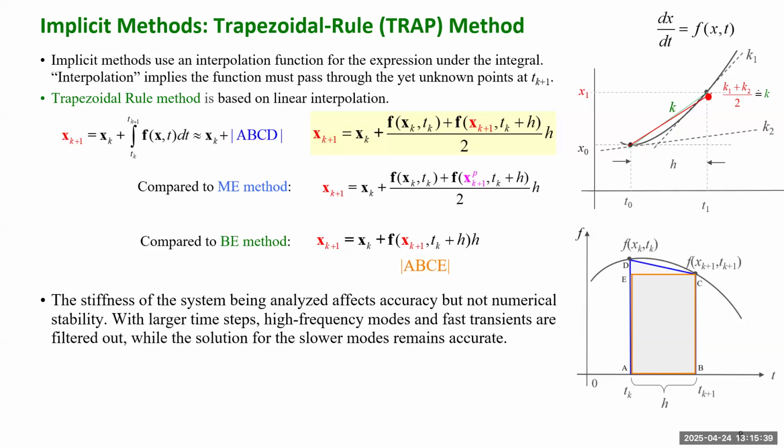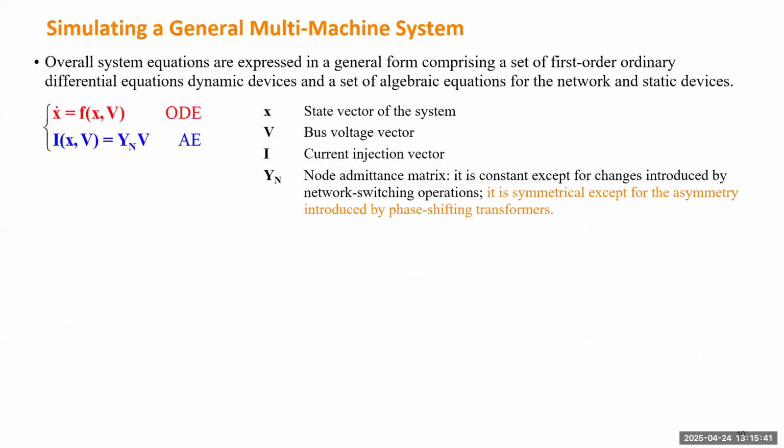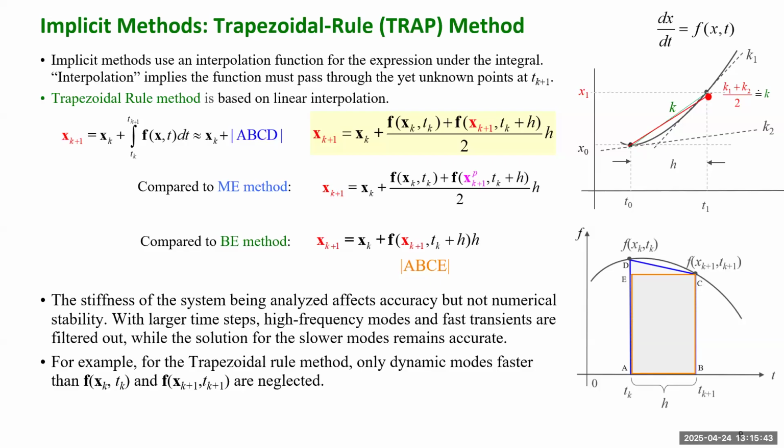So you may feel the implicit method is better than the explicit method. That answer can be yes if you talk about numerical stability.